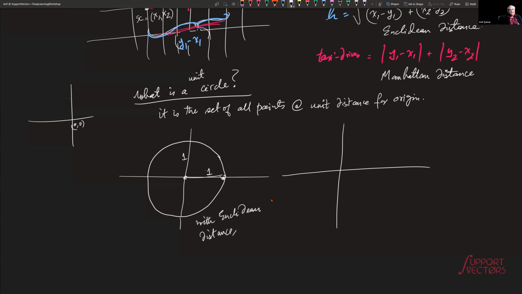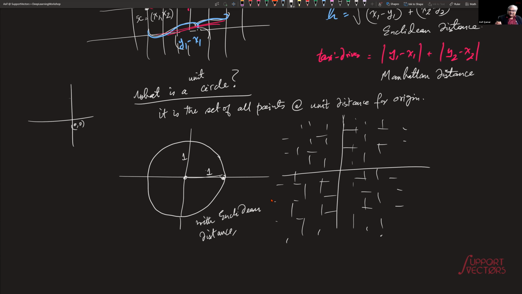So this doesn't look very remarkable, but if you take Manhattan distance and you say all points that are at unit distance, now the thing begins to get more interesting. So I'll just draw the grid here. So here's the thing.